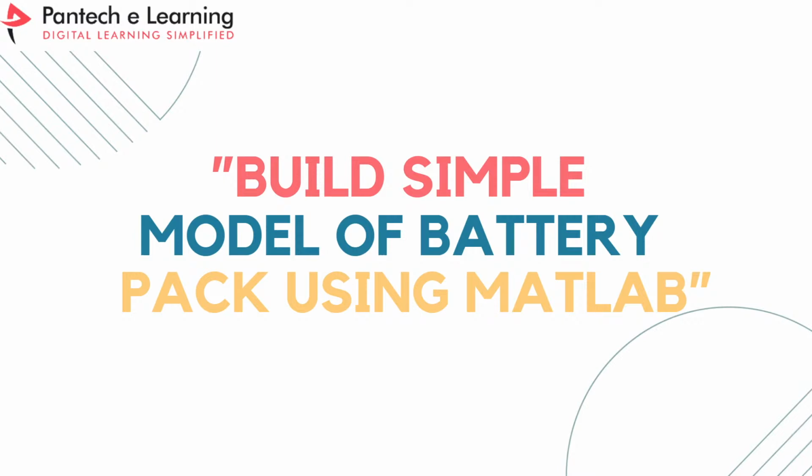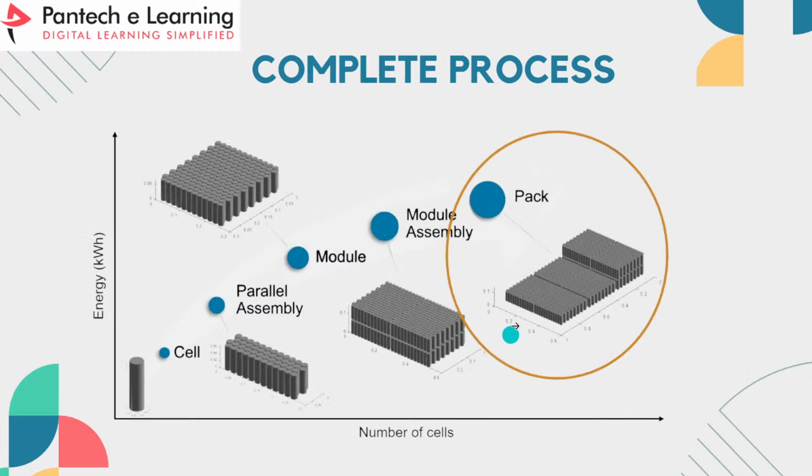To design this battery pack in Simscape or Simulink, we start by creating the individual battery cells and then group them into parallel assemblies, which are further organized into modules, and finally we assemble these modules to create a complete battery pack for various applications. So this is our complete process. Today we are going to create a battery pack by using Simscape in MATLAB.